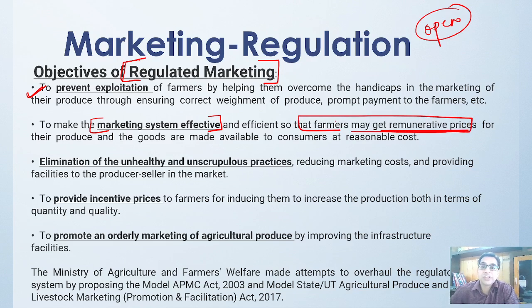That is why regulation is needed. Then removing unhealthy and unscrupulous practices: there are a lot of unhealthy and corrupt practices regarding marketing cost and facilities between the seller and the buyer. Normally the mandi people make their own cartel and then decide at what prices they are going to buy. So the government came up with a regulation where this cartel system could not be created.